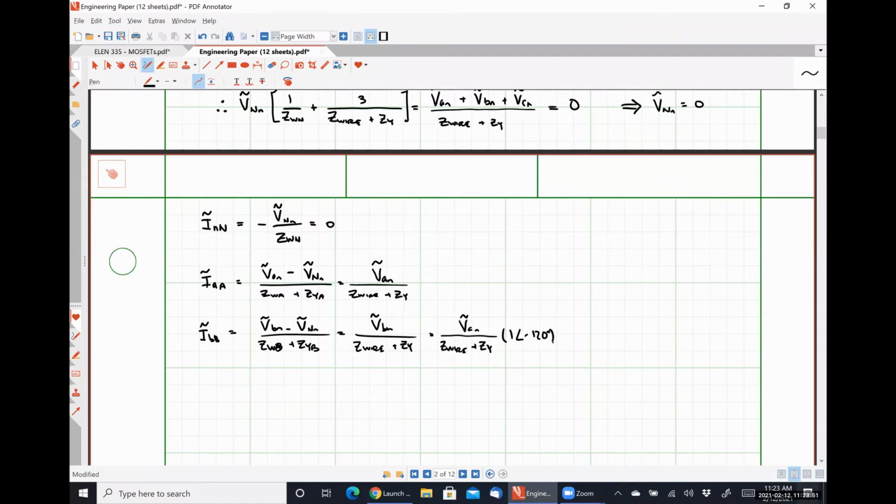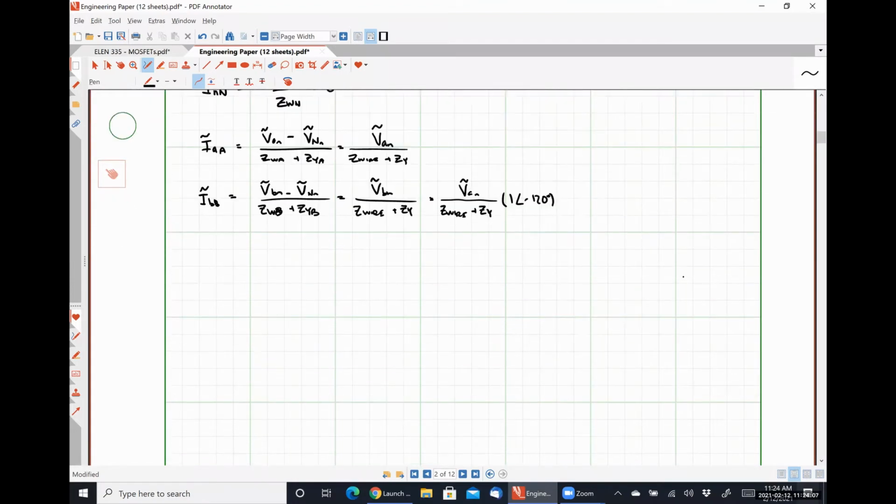So what does this tell me? My line currents are going to be exactly 120 degrees out of phase with each other as well for a balanced system. So from this, I can easily see then that ICC is going to be VAN divided by Z wire plus ZY times 1 angle negative 240 degrees.